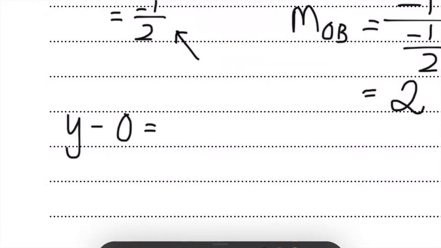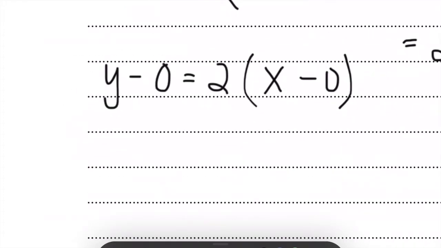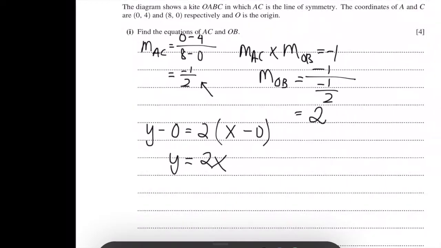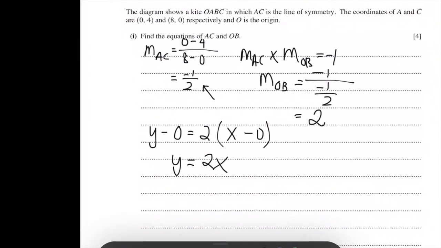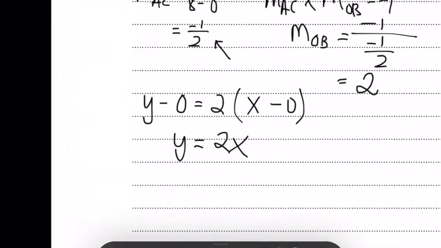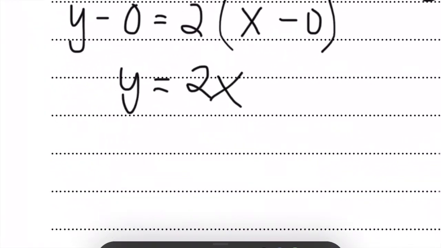So y minus 0 is equal to, the gradient we got is 2, in parentheses x minus 0. This is the same as y is equal to 2x. We'll use the coordinates of A to find the equation of AC.